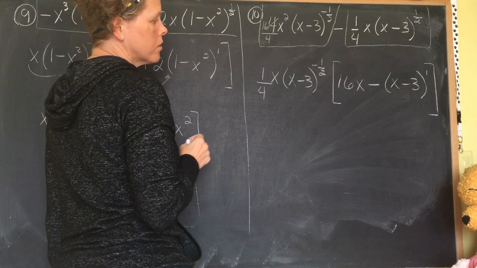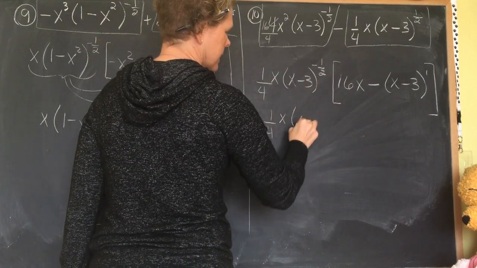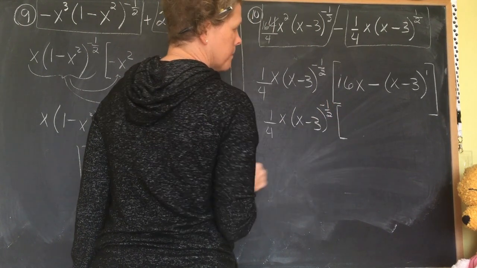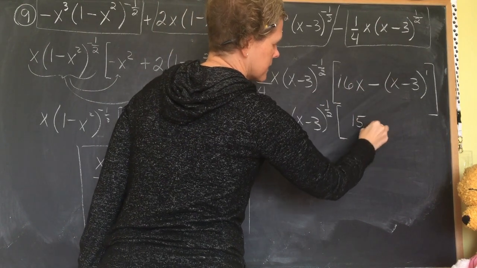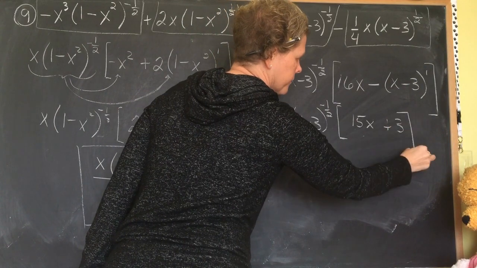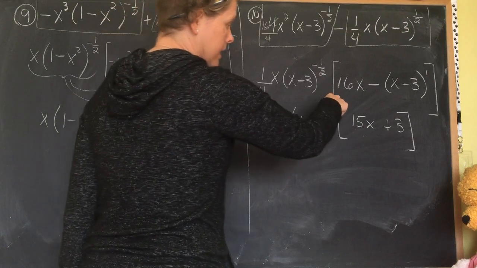All right, so when I go through and clean this up, I have 1/4 x minus 3 to the negative 1/2. In the brackets, it looks like 16 minus x, I'm going to have 15x. And if I distribute that negative, I get plus 3. But now I cannot have a fractional exponent, a negative exponent.